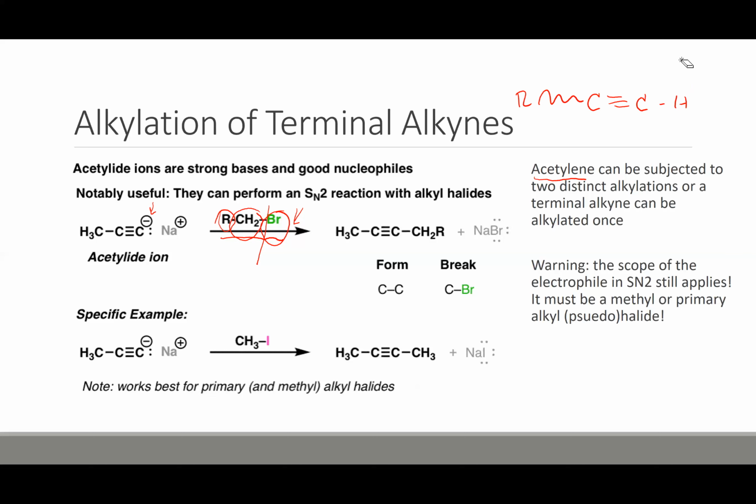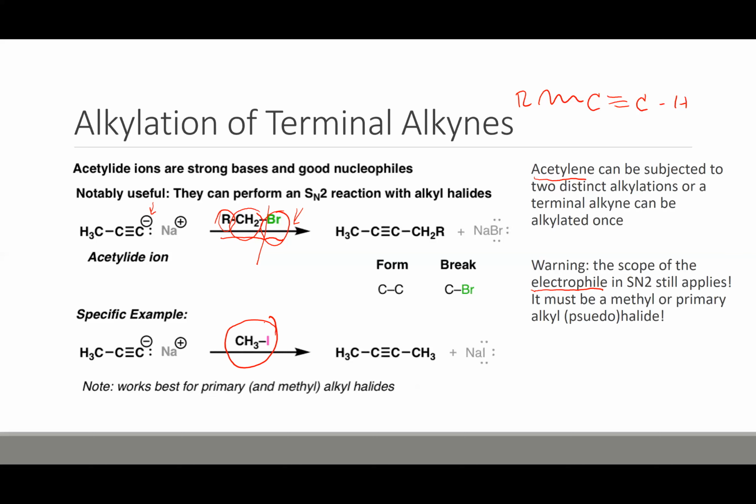Now, the scope of the electrophile in the SN2 reaction still applies. That means that in this case, remember, our triple bond is the nucleophile. So our electrophile is this group.